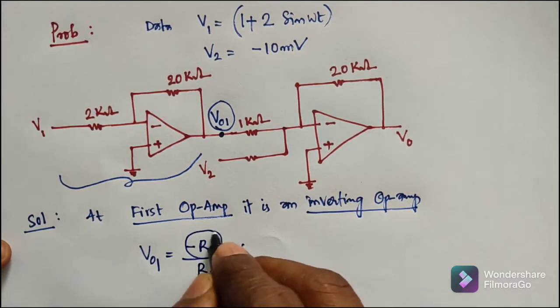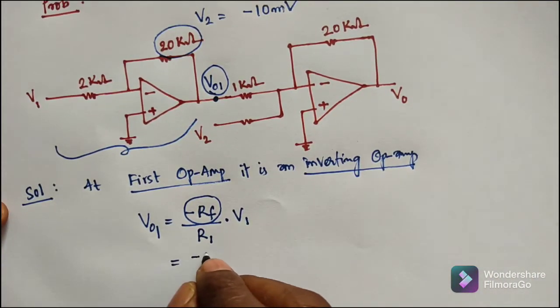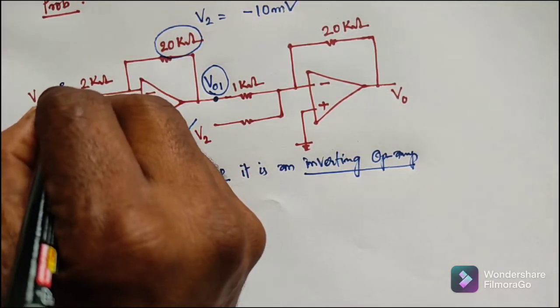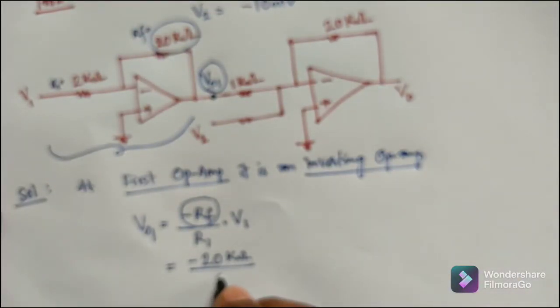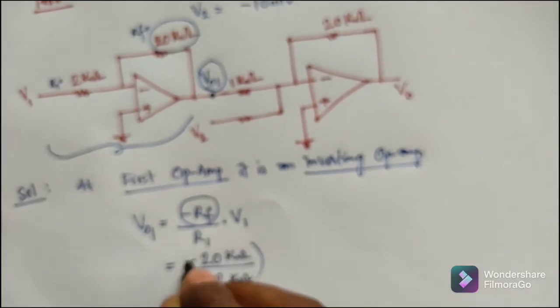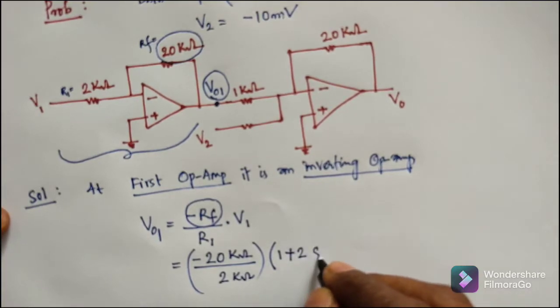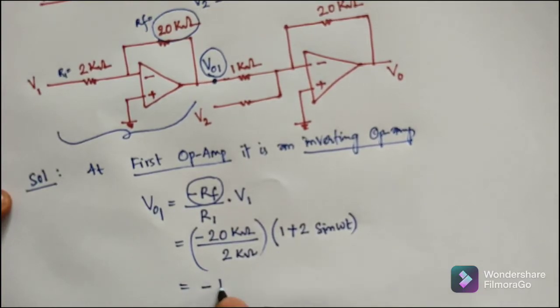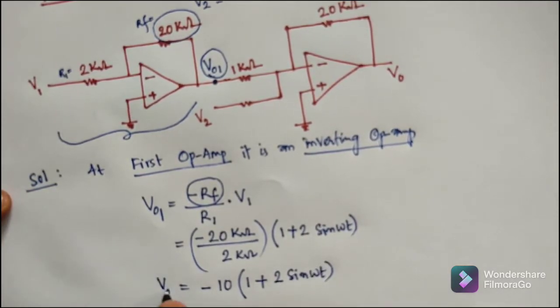Here RF is the feedback value, minus 20 kilo ohms by R1, which is 2 kilo ohms, into V1, which is 1 plus 2 sine omega t. We then get minus 10 into 1 plus 2 sine omega t. That is the actual V01.